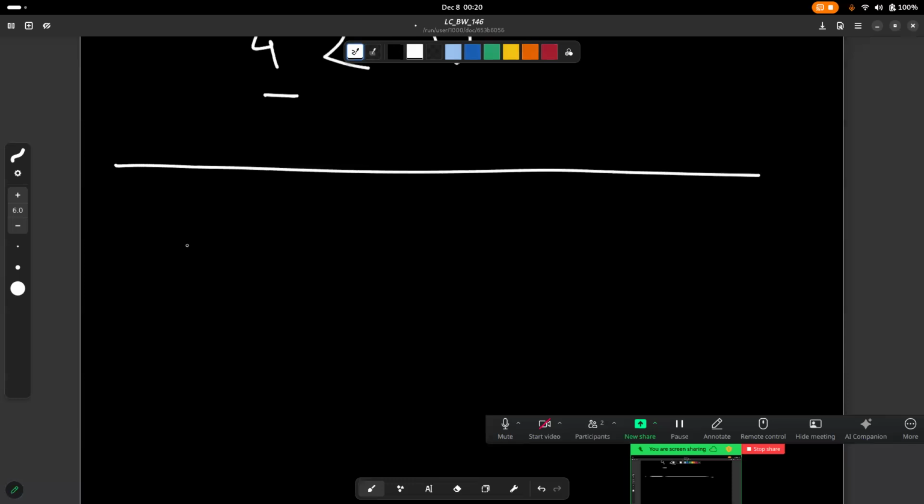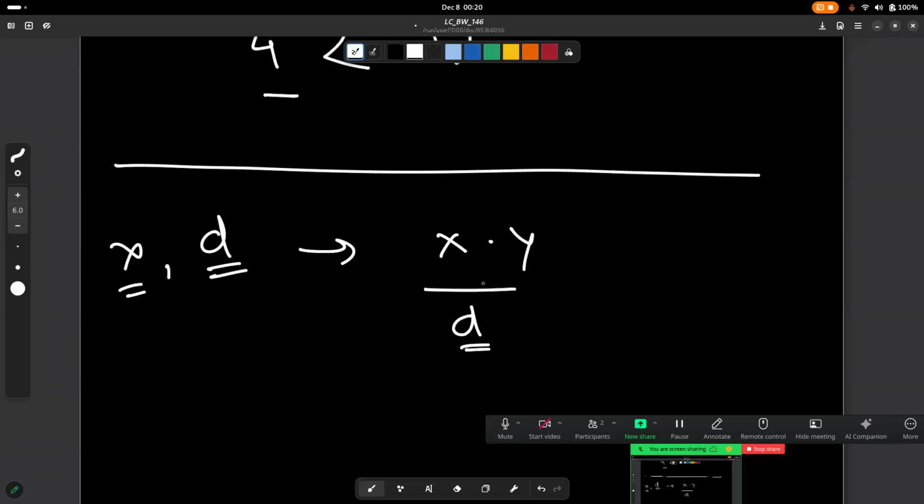What we're trying to do is we fix this D. I have fixed my X, I have fixed my D. I want to consider all the Y such that their GCD is D, and this is my edge weight.